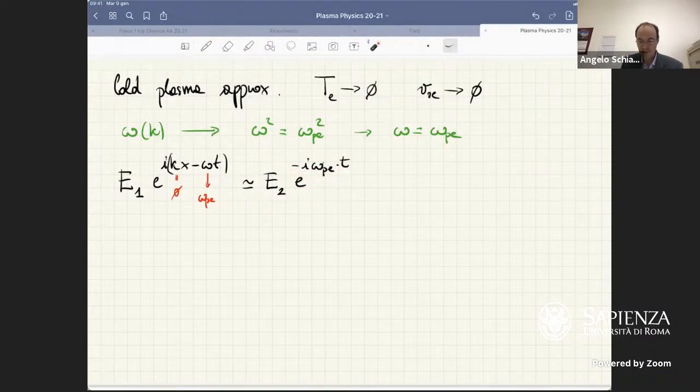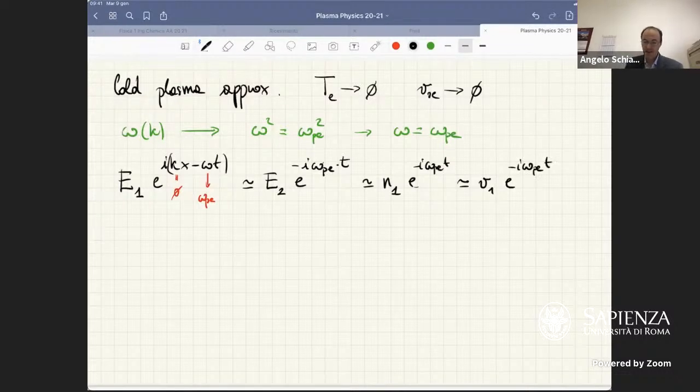Obviously, the electric field is just one of the things connected to this oscillation, and the other dynamical quantities oscillating at the same time in the same way are the electron density and the velocity of the electron as well, so the perturbation of the electrons.